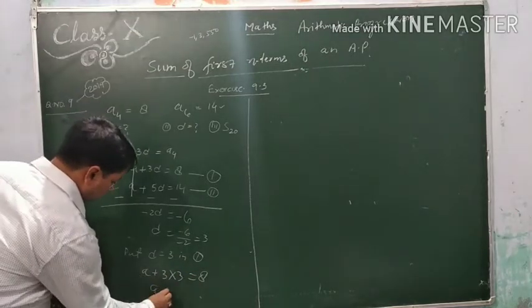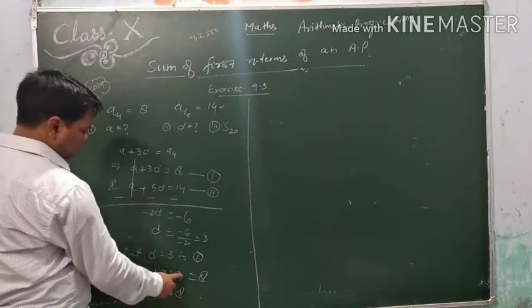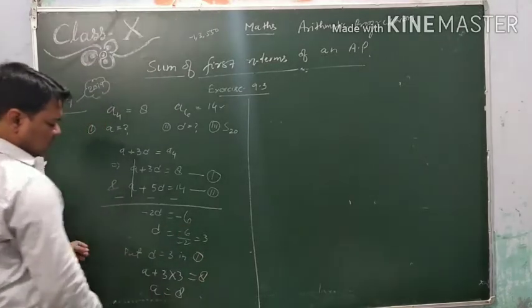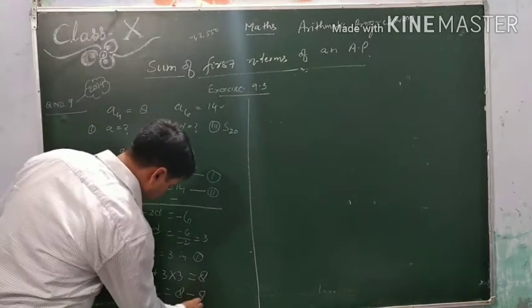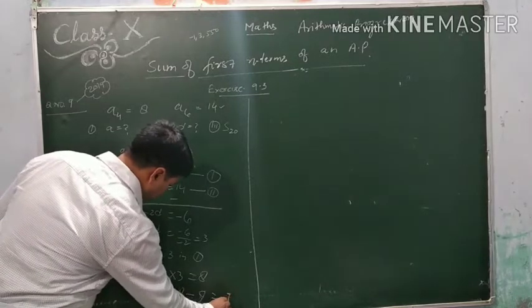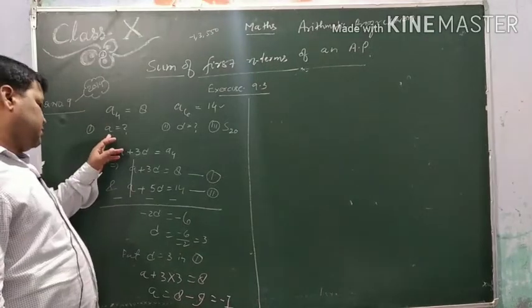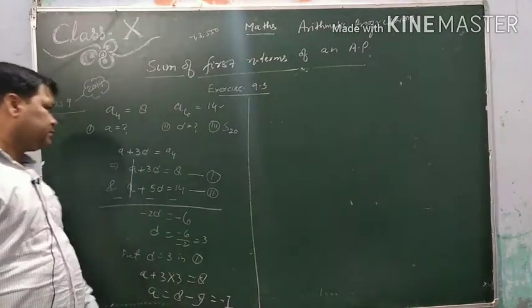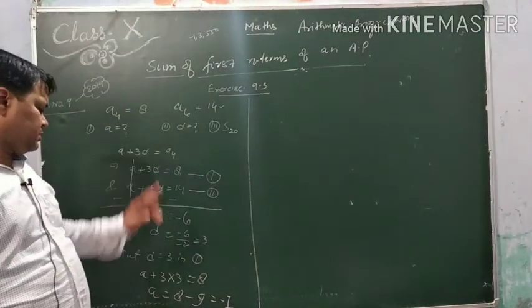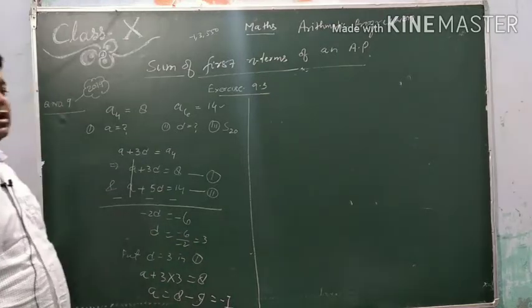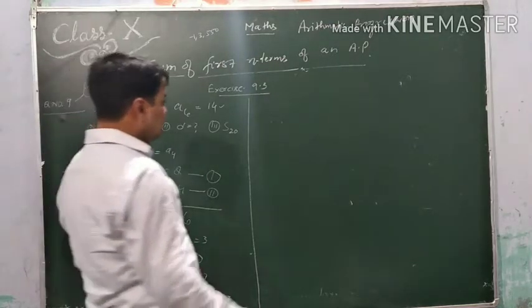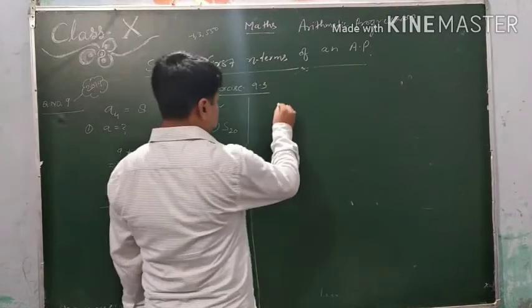Then what is the value of a? 8, and here 3 times 3 is 9. If it is transferred to that side, it will be minus 9. Its value will be minus 1. It means the first term is minus 1. The common difference is 3.